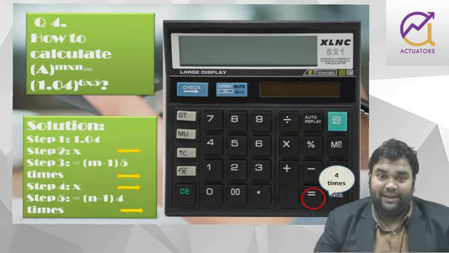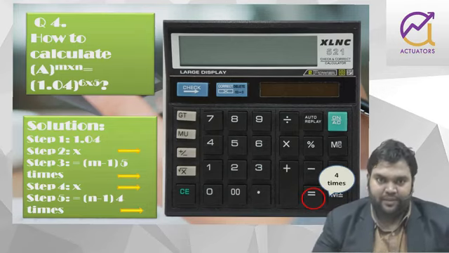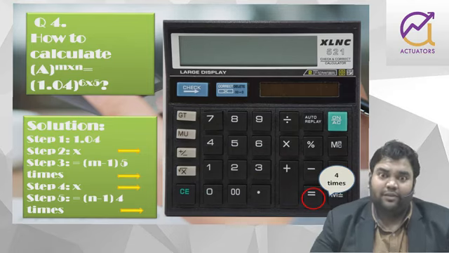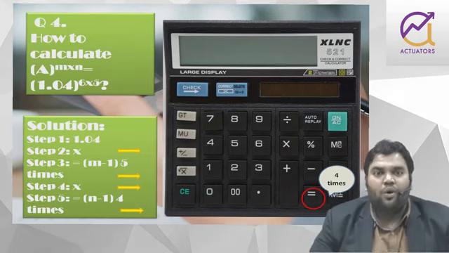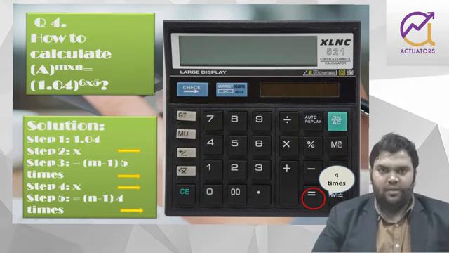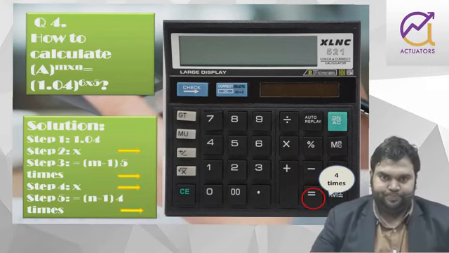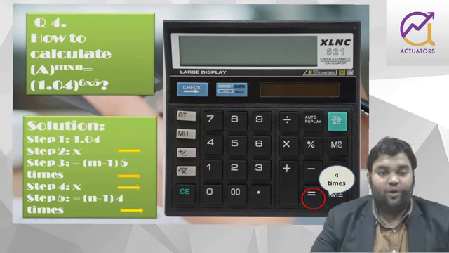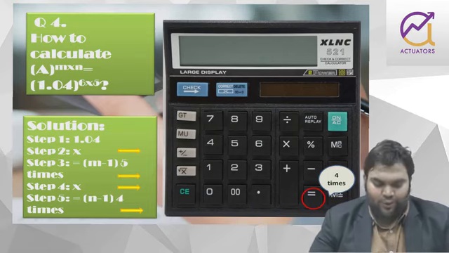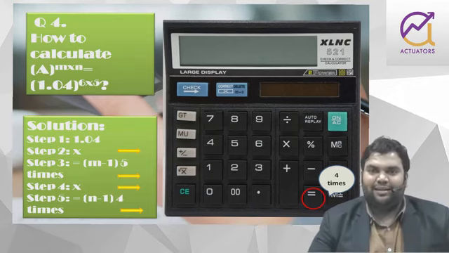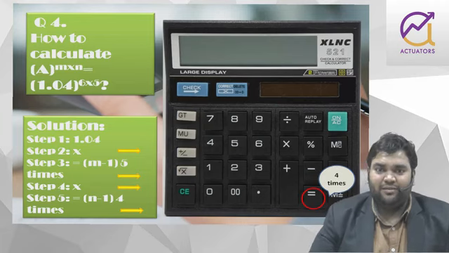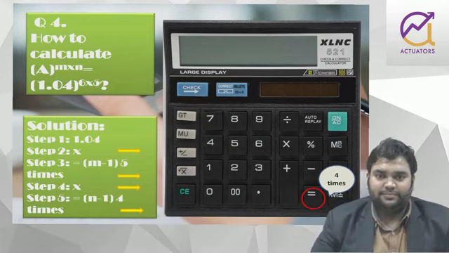Once again I am repeating. Say for example, we take power 40: 1.02 whole to the power 40. What are you going to do? Just watch the steps at the left hand corner very carefully.